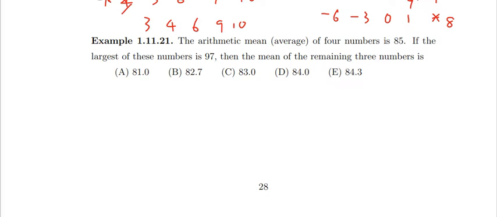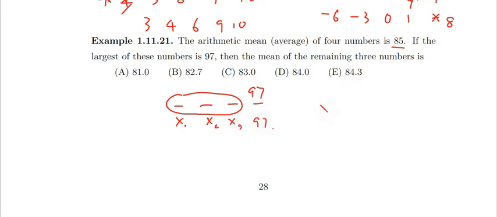Okay, this problem: the mean of 4 numbers is 85. The largest of these numbers is 97. Then what is the average of the remaining 3? We can say the average for all is 85. Put these as x1, x2, x3, then 97.